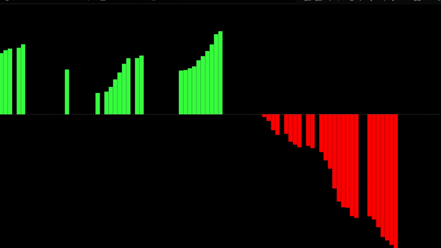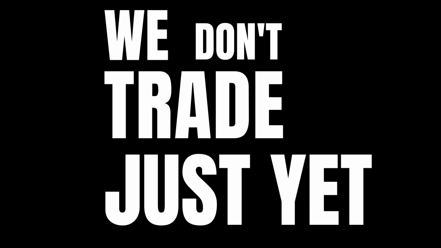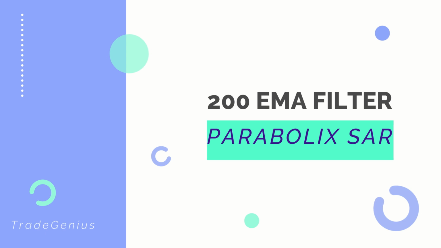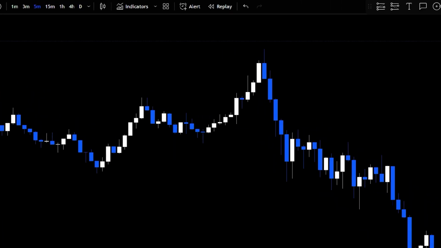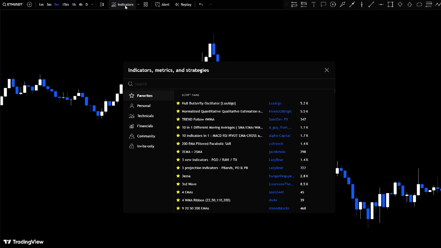Green histogram signals potential buy opportunities, while red flags potential sells. But hold on, we don't jump into a trade just because we see green or red. We need another piece of the puzzle. That's where our second indicator comes in, the 200 EMA Filter Parabolic SAR. Just like before, you can find this in the indicator section by searching for 200 EMA Parabolic SAR and add it to your chart.